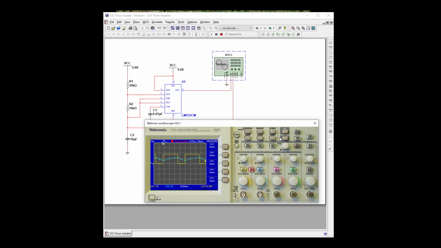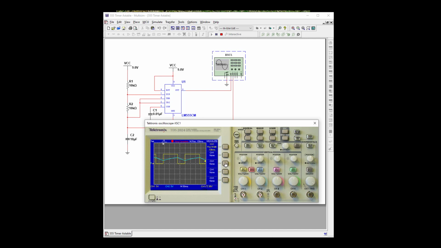So let's go ahead and do some measurements here. Let's go to measure, and let's do positive, channel 1, because that's what we're using. And let's do positive width. Good.